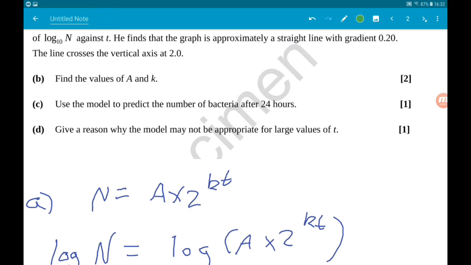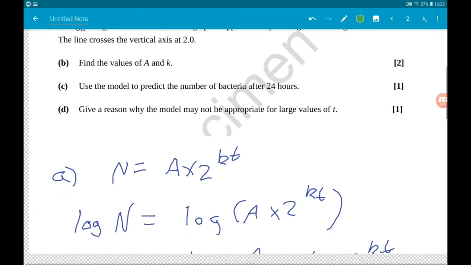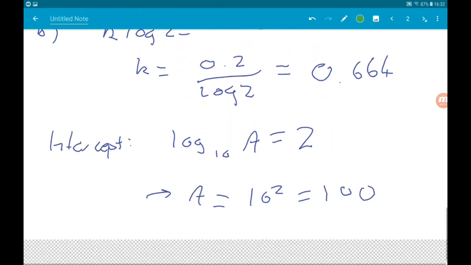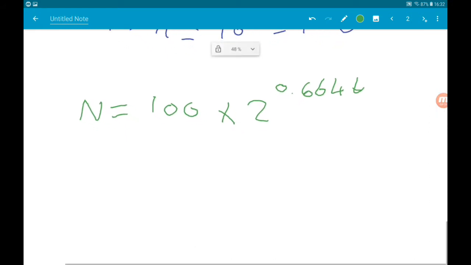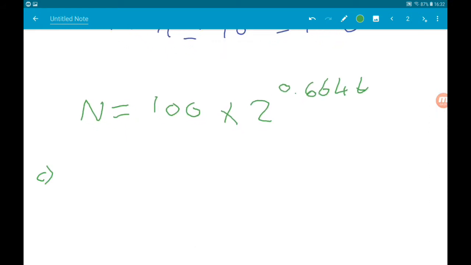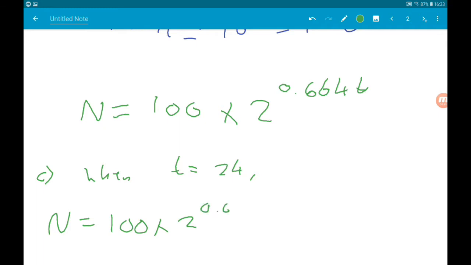Okay, then part C wants us to use the model to predict the number of bacteria after 24 hours. So, we're going to need the model that we just wrote down. So, when t is equal to 24, N is equal to 100 times 2 to the 0.664 times 24.